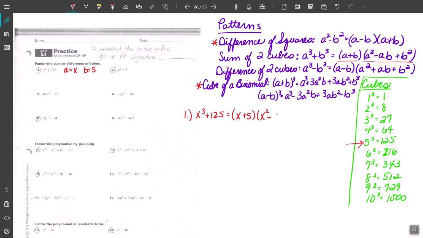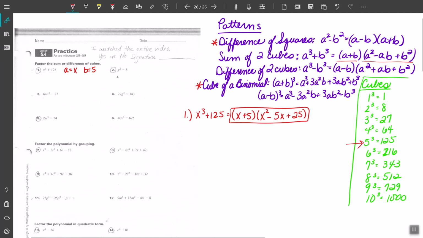So that would technically be x5. I'm going to reverse it because we always put our coefficient first. And then plus b squared. Well, 5 squared is 25. And so this is our answer to how to factor that cube.